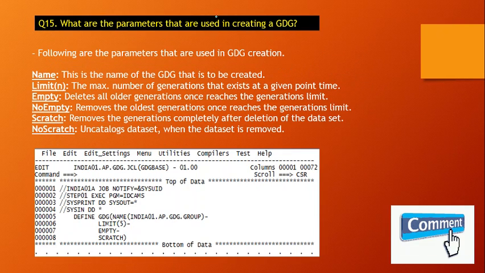What are the parameters used in creating a GDG? Name: this is the name of the GDG that is to be created, so you need to give a name. Then you need to give LIMIT, the maximum number of generations that exist at a given point in time.